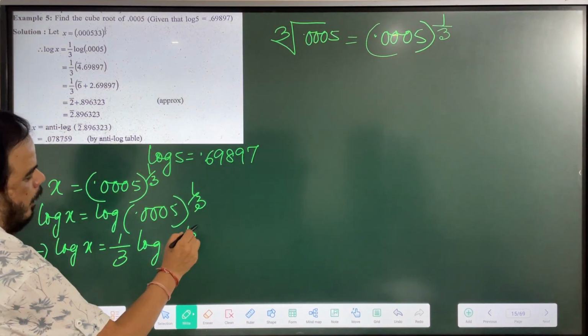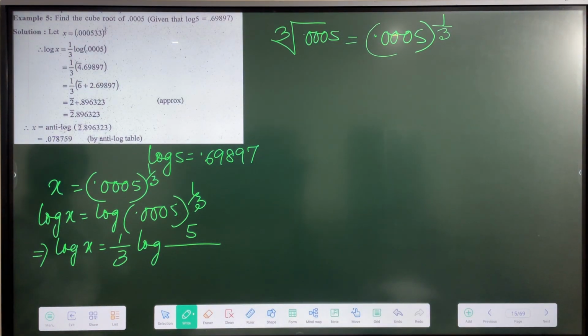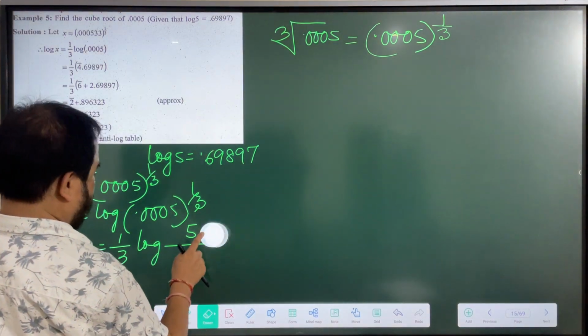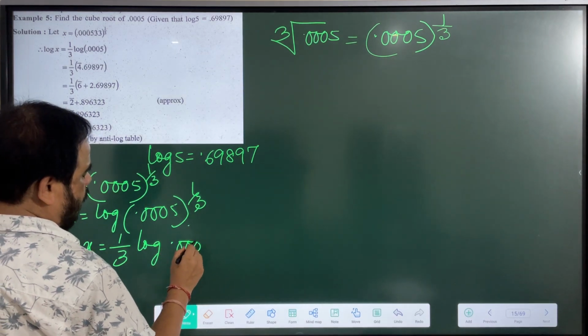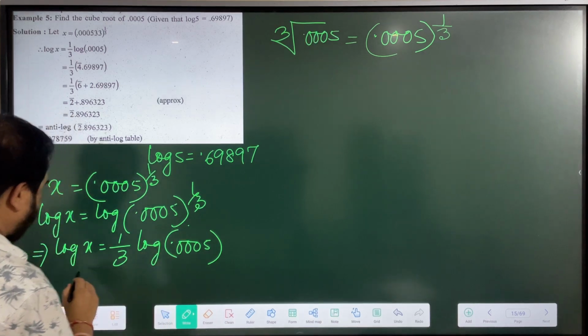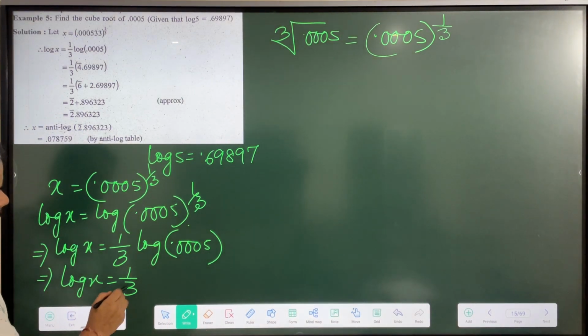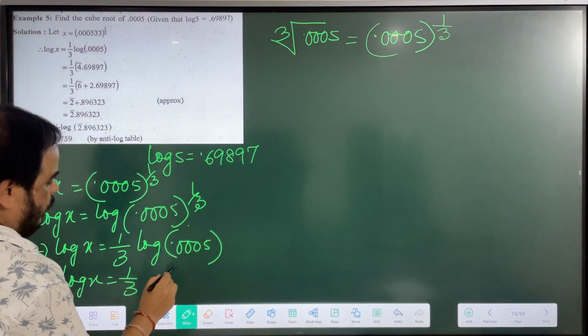Log 5 value is given. So we have to find out the log of 0.0005 now. Log of 5, how much? 0.69897.